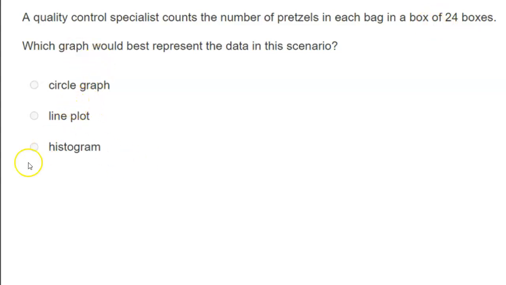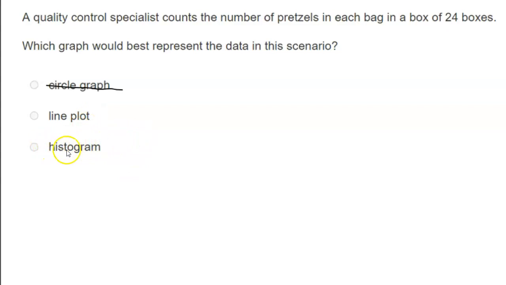we want to cross out the ones that wouldn't work. The first thing I would do is say it's not a circle graph. A circle graph should be used when you have a limited amount of answers, such as the one we just did, where it was kinds of music or flavors of ice cream, pretty limited in what we're going to ask for. Then we have line plot and histogram.